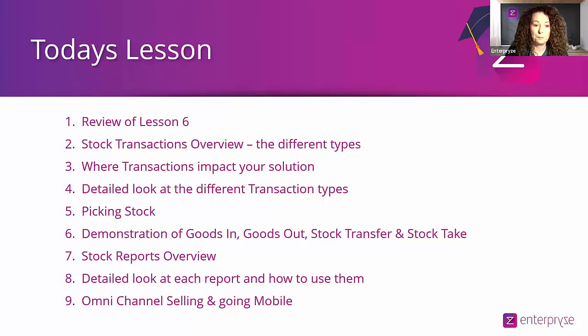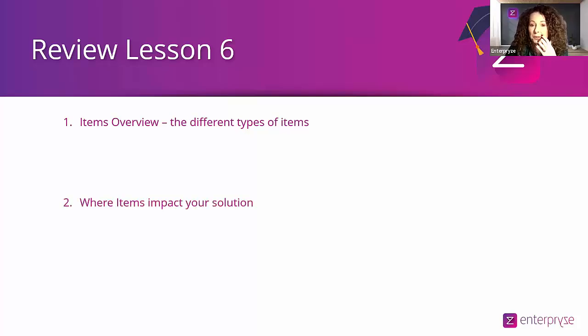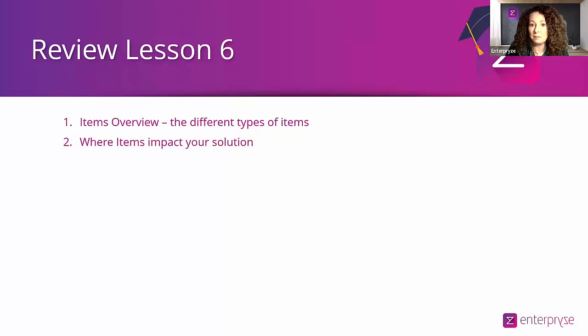So let's just do a quick review of lesson 6 and what it is that we looked at 2 weeks ago. So ultimately, this was your introduction to stock, all the different types of items. And as you gathered, there's a multitude of items from stock items, non-stock items, squared items, three-dimensional items, batch items, serial items, just to name a few. So quite a lot to take on board.